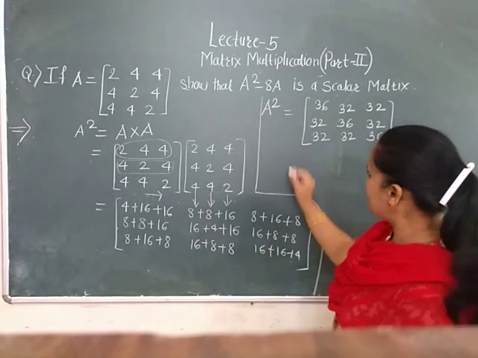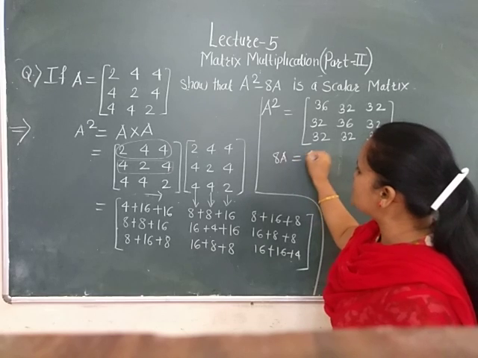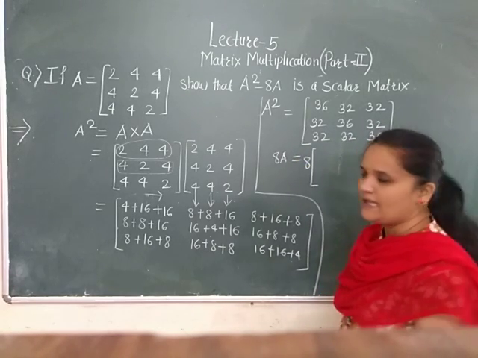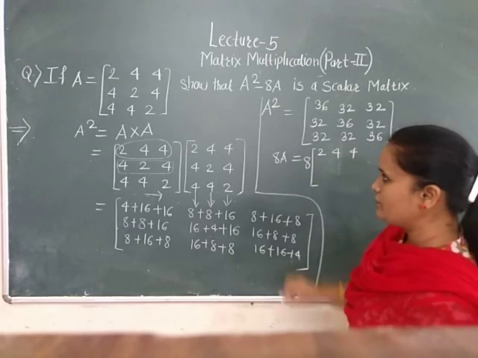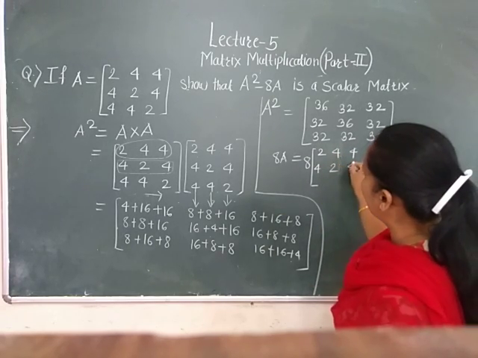Okay. Then 8A is equal to, now simply multiply the A matrix with 8. 2, 4, 4, 4, 2, 4.